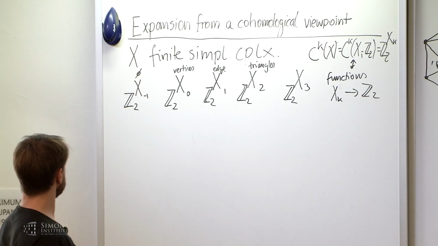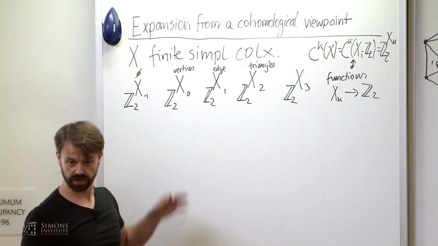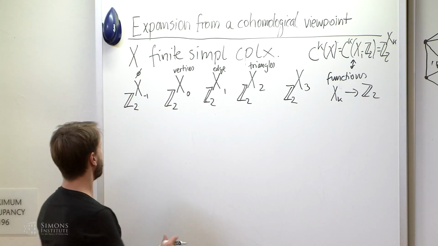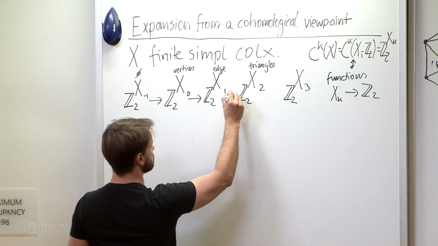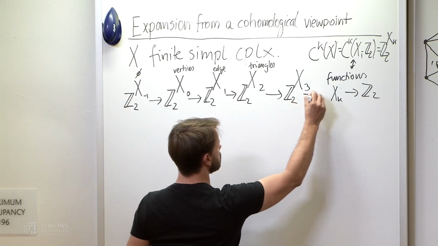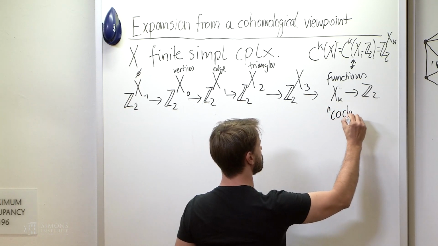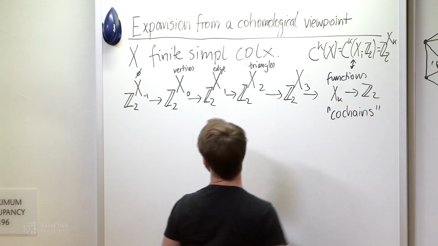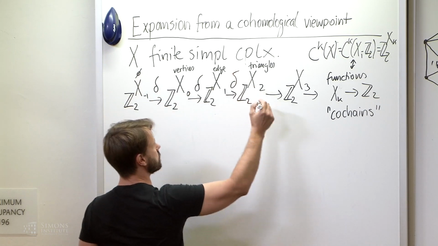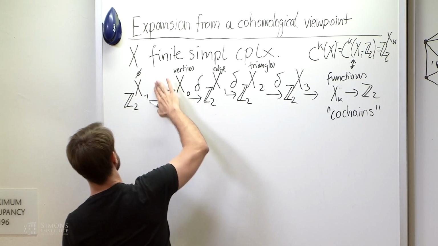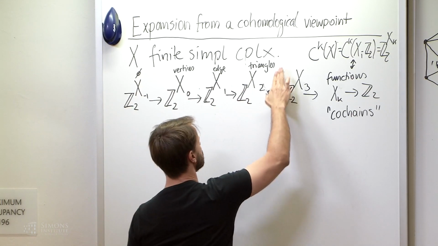Okay. Now, we have incidence relations, which we can think of as bipartite graphs between adjacent layers. And these naturally give rise to linear maps between these vector spaces of functions. So I should say these are called cochains. And these linear maps are called co-boundary operators.